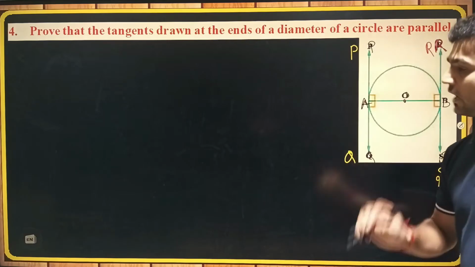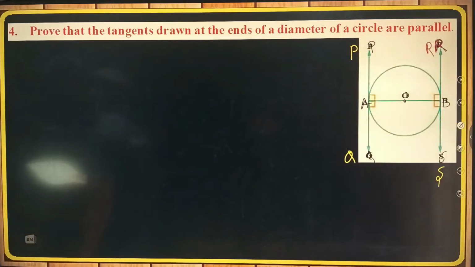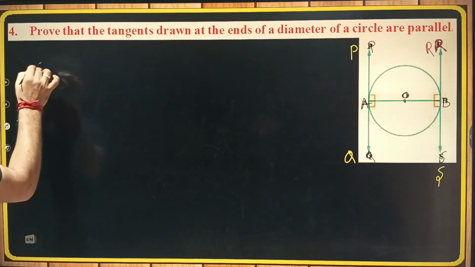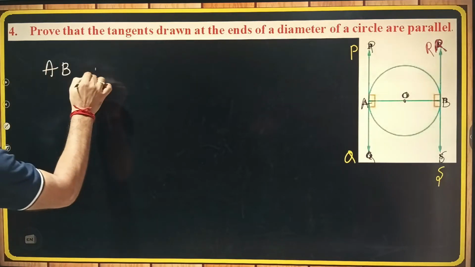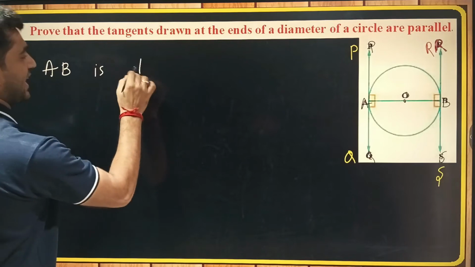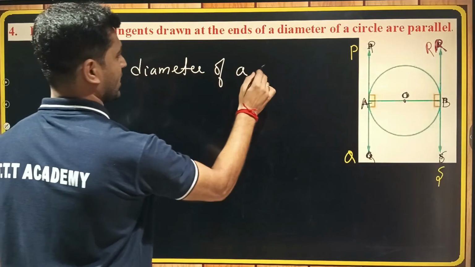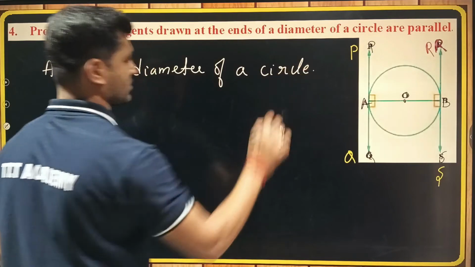Okay? Now my dear students, let's write one by one. Here, what is AB? Diameter of the circle. So let's write one by one. We need to prove this. Here dear students, AB is the diameter of the circle.